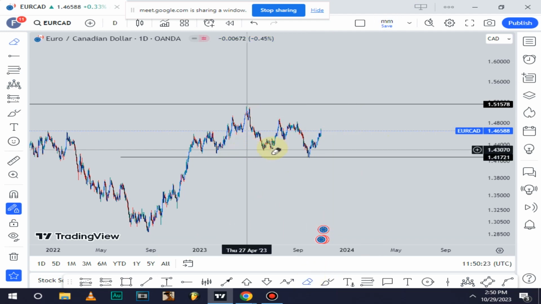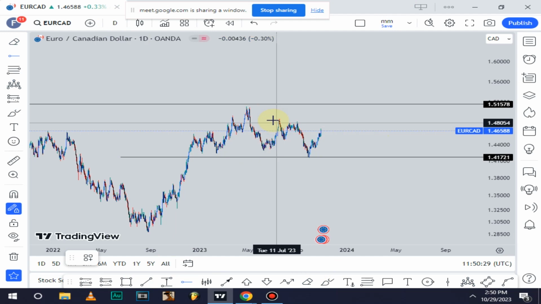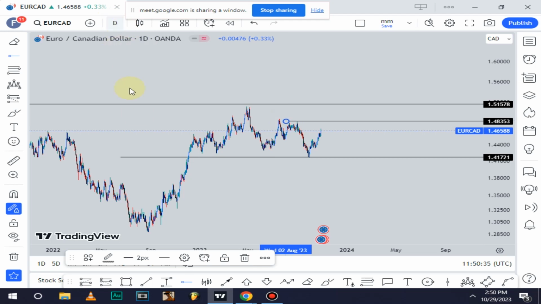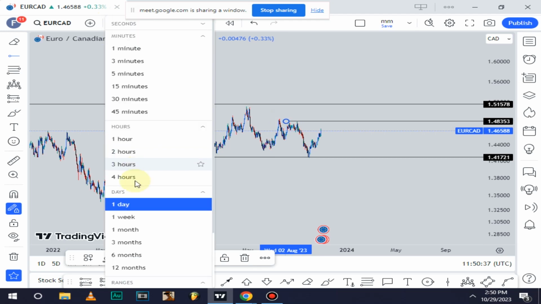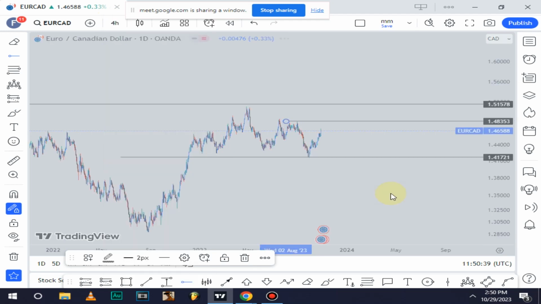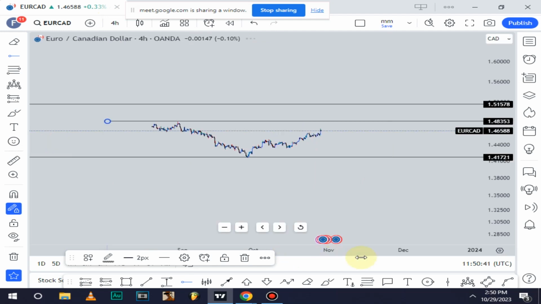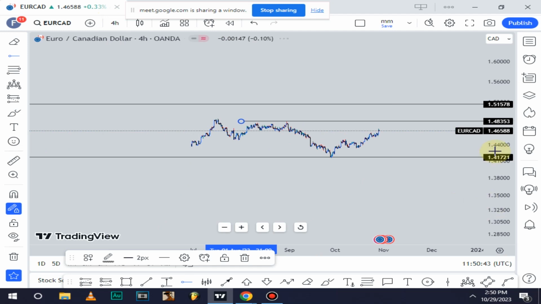So let's go back to the 4 hours and try to understand what the market is doing around that zone, and if we can make decisions around that time frame. So we have H4 right there.